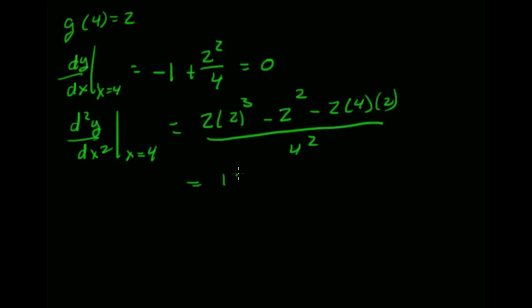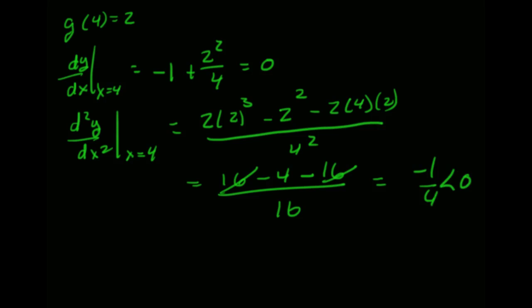So let's see, that's 16 minus 4 minus 16 over 16. Those fall out. This is going to give me negative 1/4, which is less than 0.